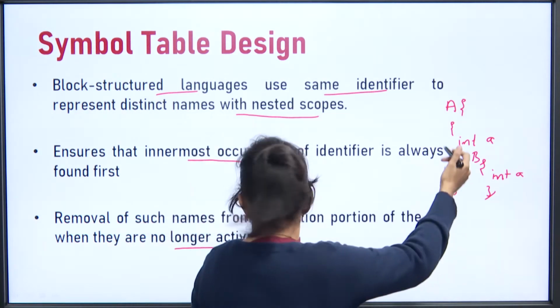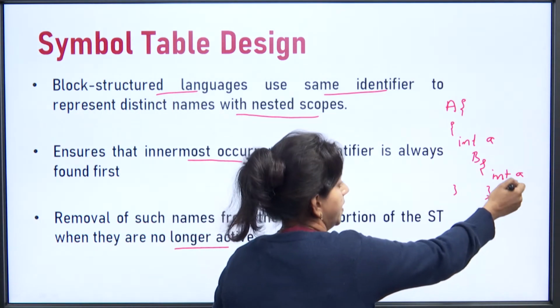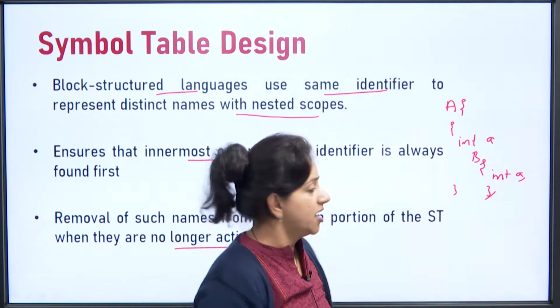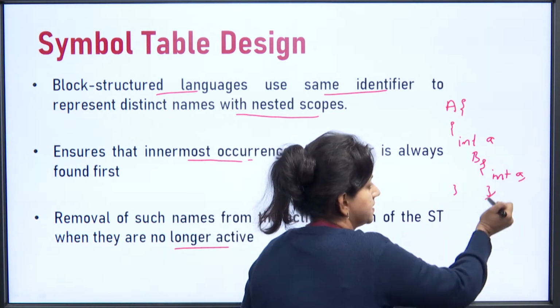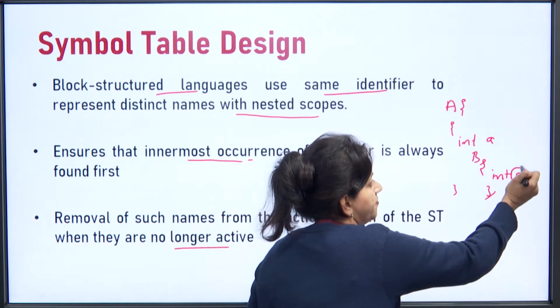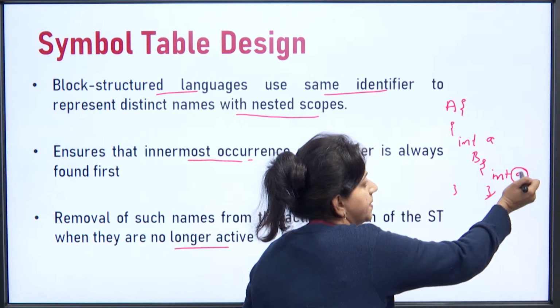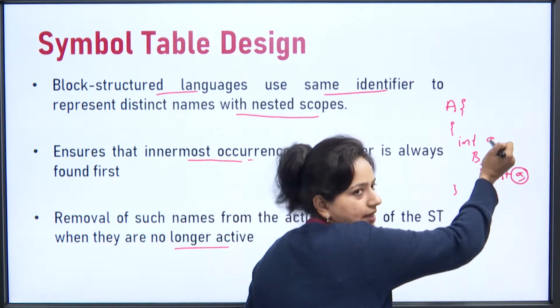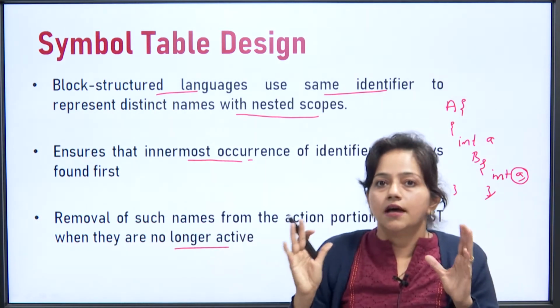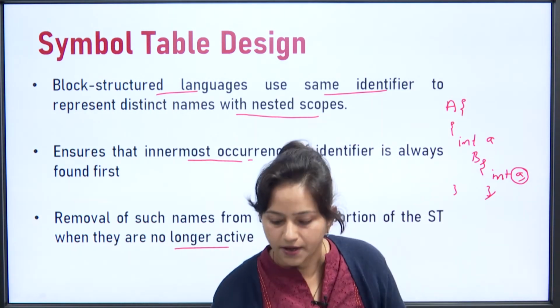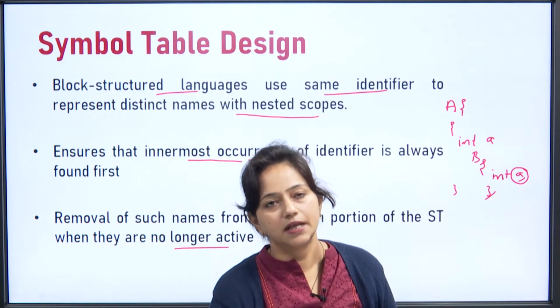So, its entries should be removed, this A should be removed, and if we are in this particular procedure, then this one should be preferred. If we are accessing A, it means we are talking about this A, not that A. So, these things should be ensured while designing the symbol table.